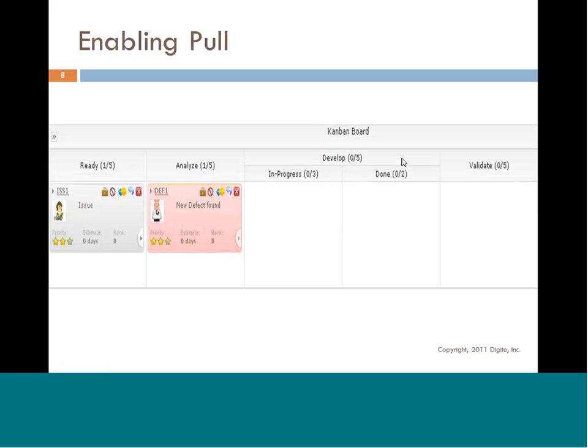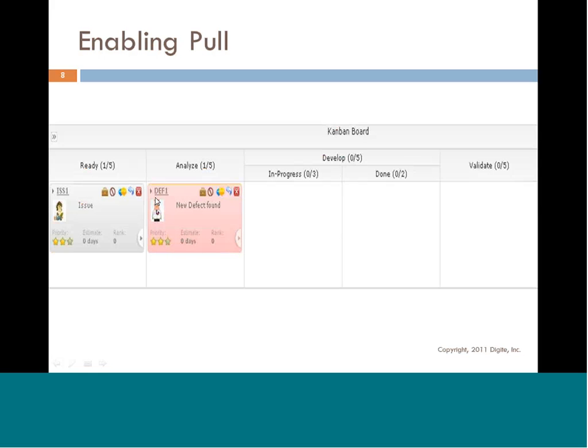So next is the concept of enabling pull. Kanban says the work needs to be pulled, which is one of the important tenets of Kanban. So to implement a pull system, what is normally done? Let's assume this value stream: ready, analyze, develop, and validate.